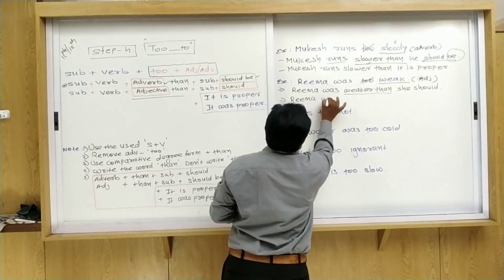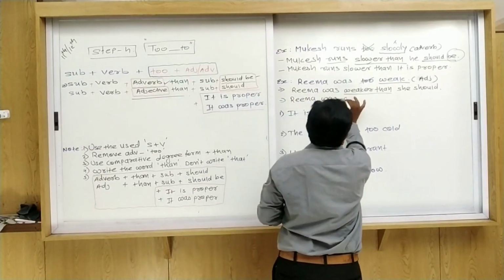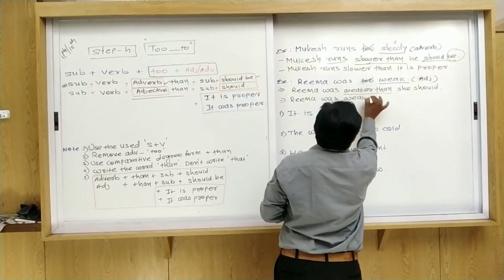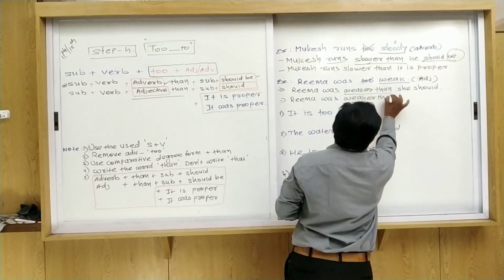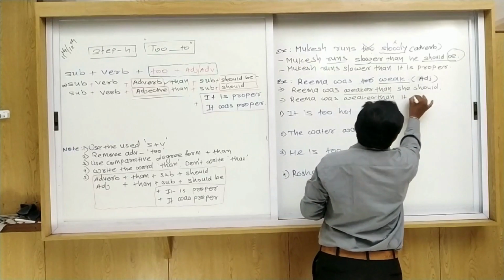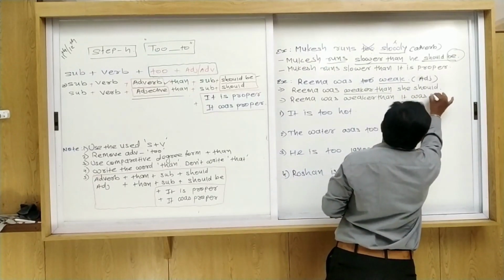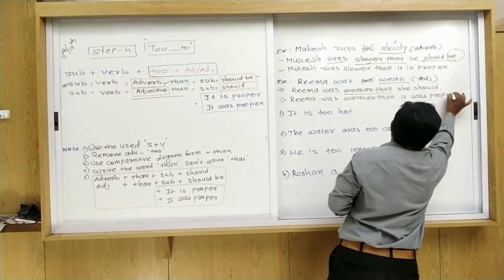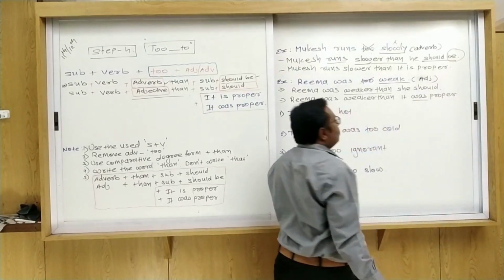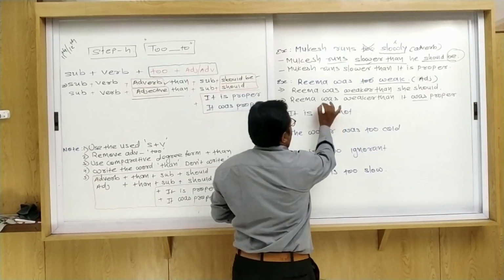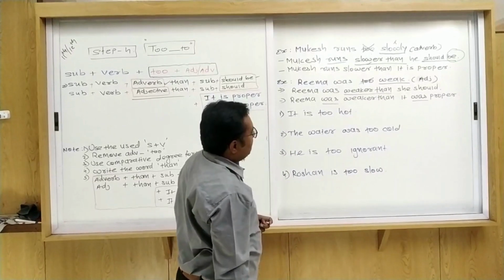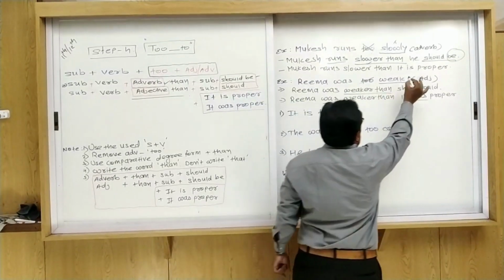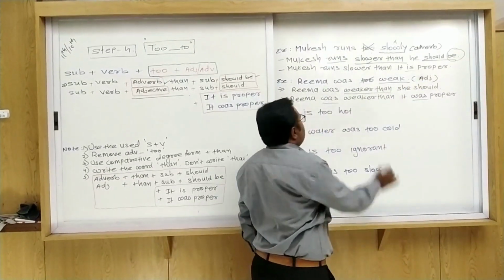Suppose you are confused about "should" or "should be", we have another option. Rima was weaker than it was proper. Okay. Why do I use "was" here? Because the sentence is in past tense. That is why. You can see that here "is" is used. Why?